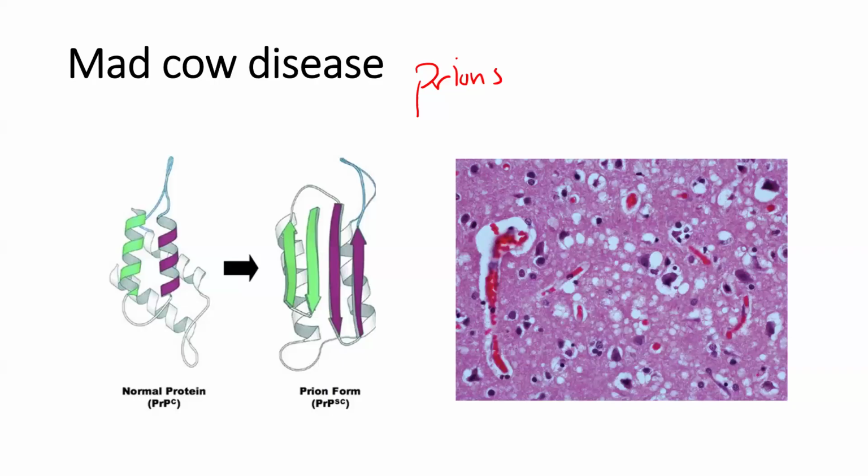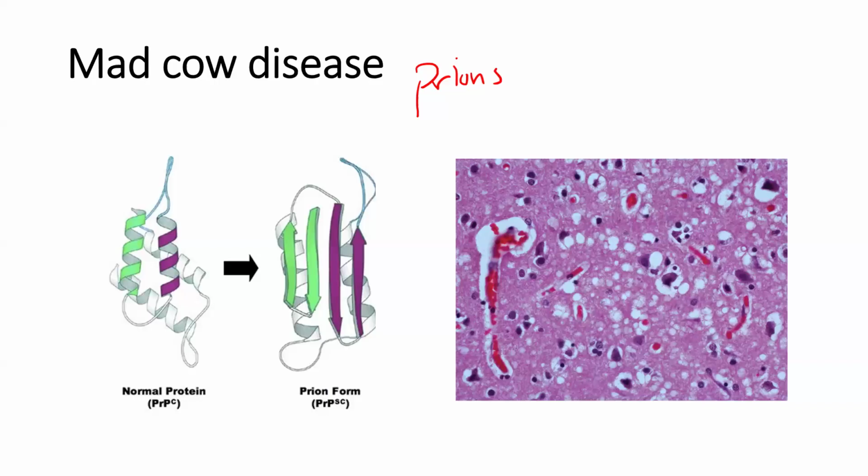So if you eat this contaminated beef, then the misfolded protein goes into your system and it's going to start changing your prion protein. When enough of them misfold, they will start to clump together and kill the neurons in the brain. And then you die. The name is actually spongiform encephalitis because the brain has a lot of holes in it.